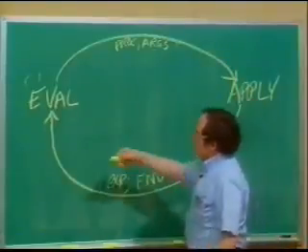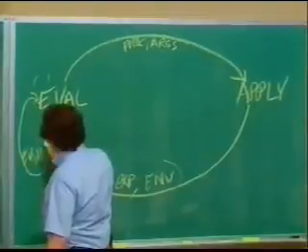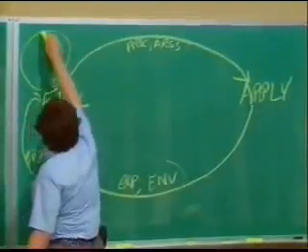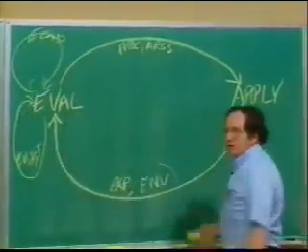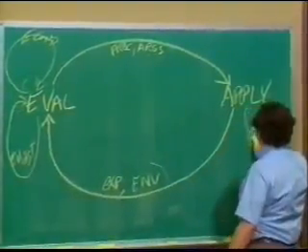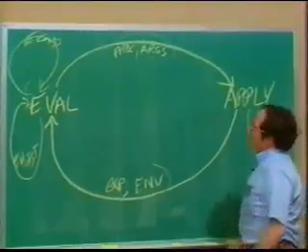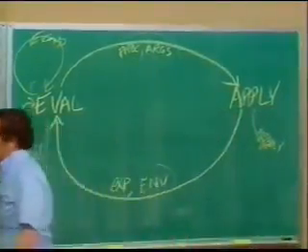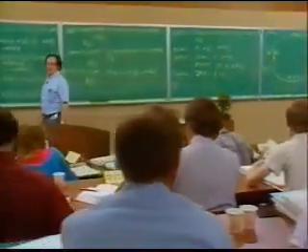There are minor little subloops like eval through evlist or eval through evcond, or apply through primitive apply. But they're not the essential things. So that's what I wanted you to see. Are there any questions?